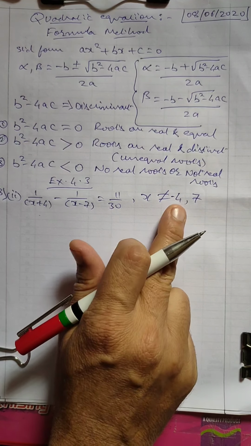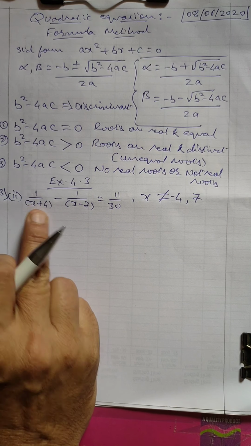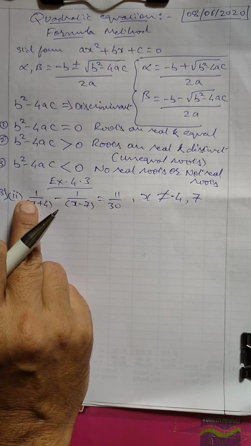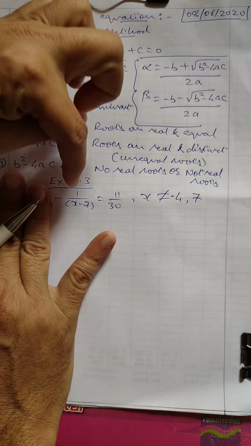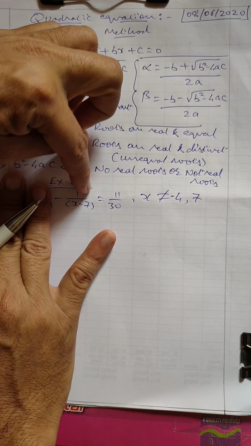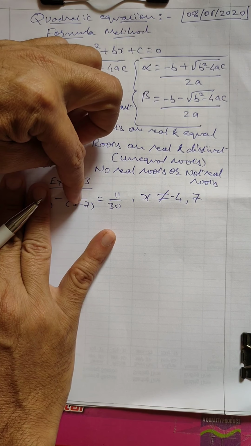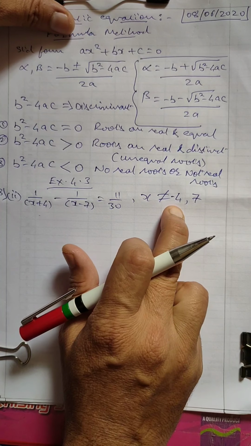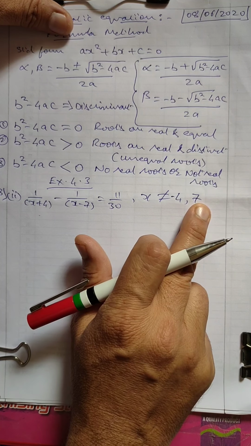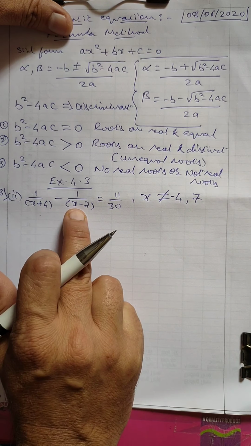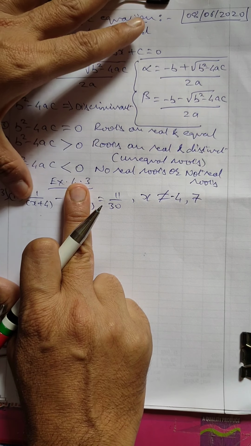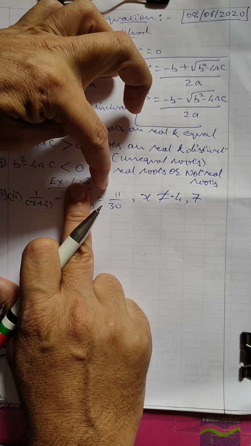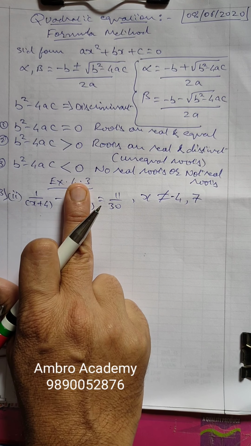Please note that if x is equal to -4, x plus 4 becomes 0, right? If this becomes 0, then this is not a quadratic equation because it is only having a value of x. Hence they have said x is not -4. If x becomes 7, x minus 7 becomes 0. If this becomes 0, then 1 upon x plus 4 is equal to 11 upon 30. Again, it is not a quadratic equation.